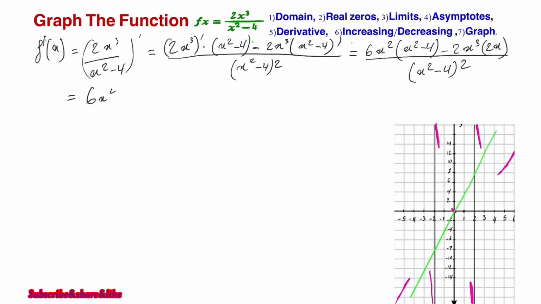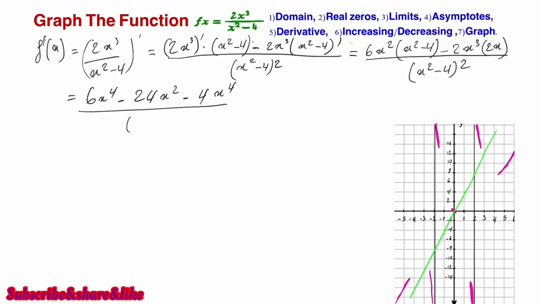And we will end here with 6x to the fourth minus 24x squared minus 4x to the fourth, all of this over x squared minus 4 squared.